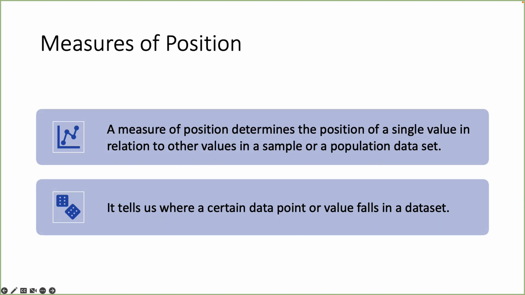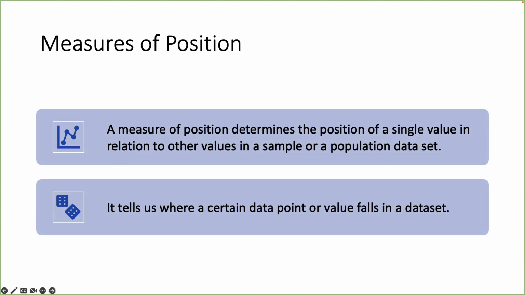Now, when I say measures of position, a measure of position helps us to determine the position of a single value in relation to the other values in a sample or a population in my data set. So basically, it tells me where a certain point would lie in my data set.